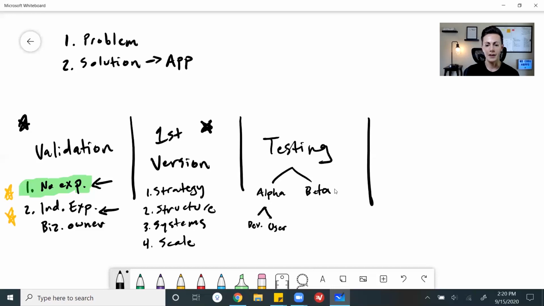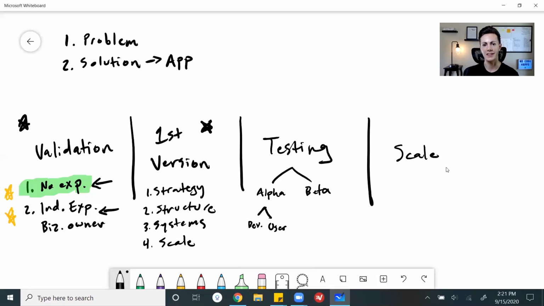And if the app is solving that problem well, then you can move directly into this final stage, which is really ongoing, and that is the stage at which you will start to scale and continue to scale.